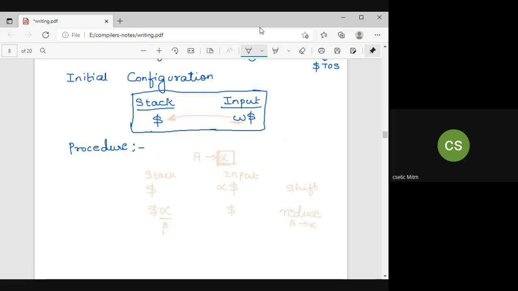That means this alpha is getting reduced by A. So when beta, the string on the top of the stack, matches an appropriate production rule of the form A goes to alpha, then you're going to replace this beta by the head of the production. This is called the head, this is called the body. So the body should be there on the top of the stack, then you're going to reduce the body by the head. That is the meaning.